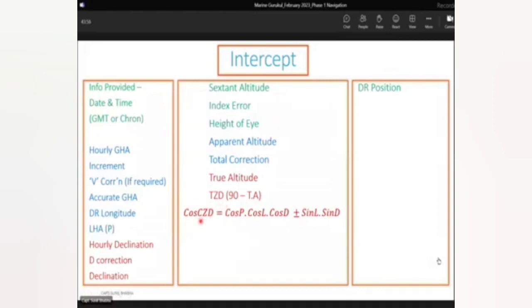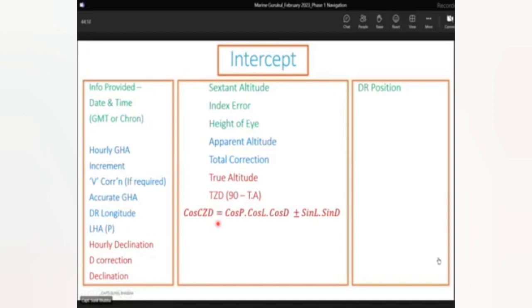Now coming on to the calculated zenith distance. TZD and MZD were both obtained with observations. We used the sextant, and from the sextant we obtained the true altitude of the body, and that was used to get the TZD or MZD.